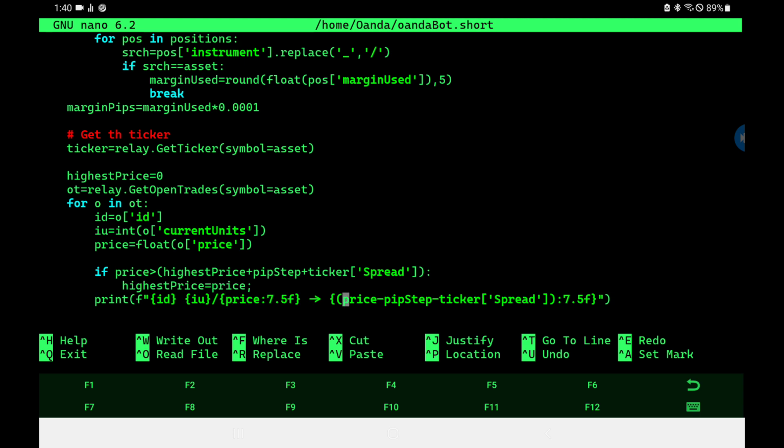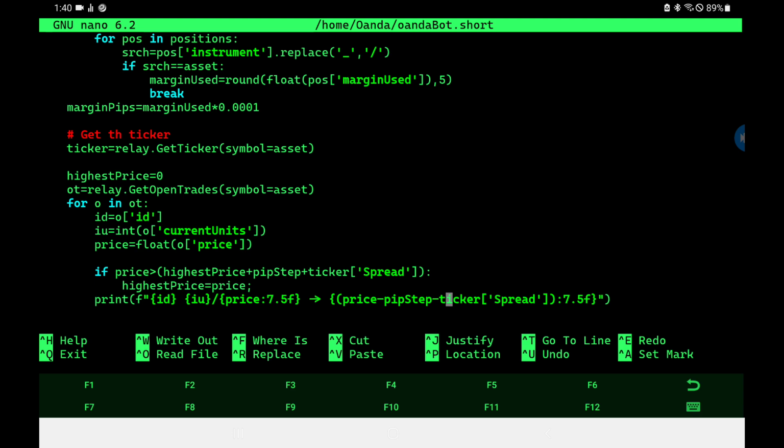Now, this depicts the price that we make a profit. This is our profit price. And because we're shorting, price for a short needs to be less than. So our price that we paid, less our pip step, less the 5 pips of profit we want.